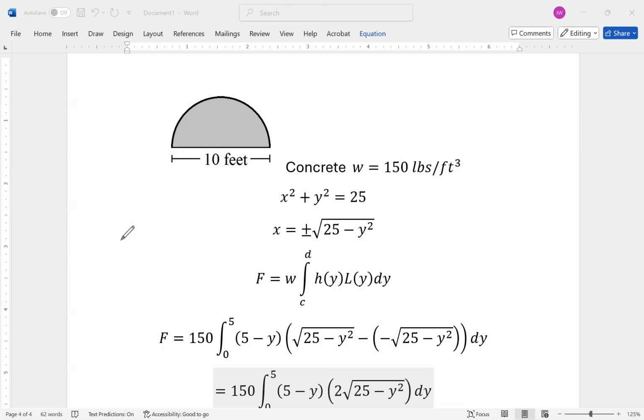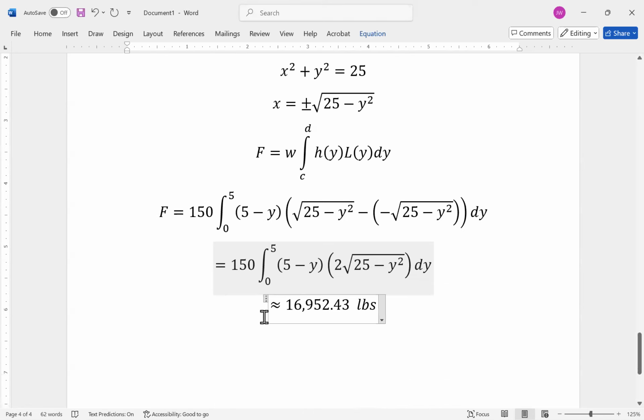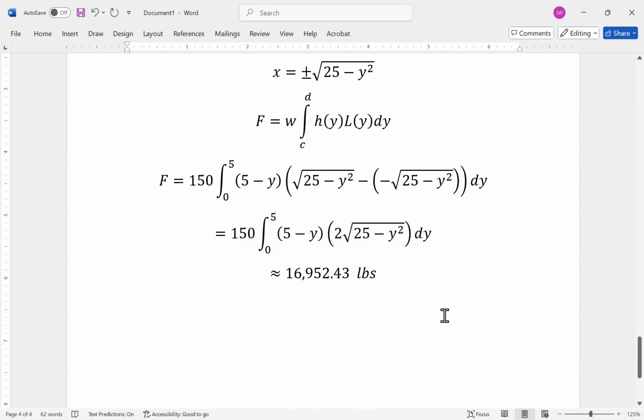So if you're completely full with concrete, that's one thing. You can also calculate the fluid force applied to the tank if it's not completely full. If it's only 4 feet full, or if it's only 3 feet full, or however you'd like to measure that. But there you go. This is 16,952.43 pounds when it is completely full of concrete.